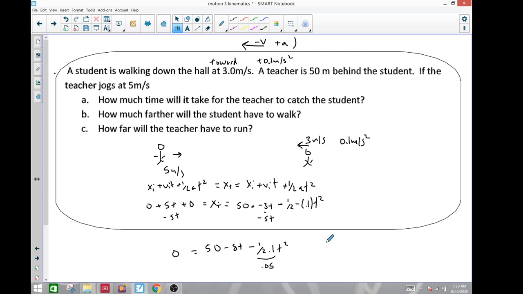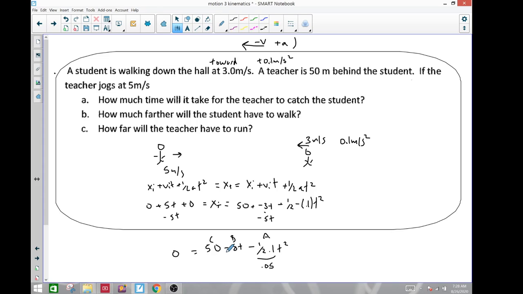So we have the three components are my A, B, and C. I'm going to grab my calculator here. All right, so the square component is A, and this is 0.05. This is my B component, and this is my C component.